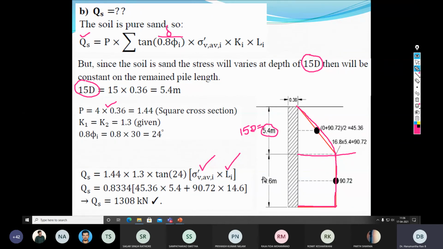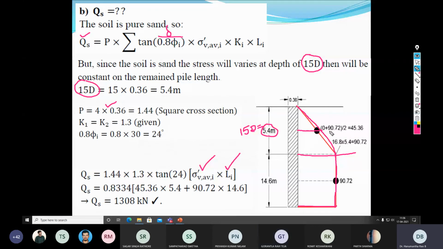Sir, I think it's correct now. Why 3 layers? Sigma v dash is average. Up to the first layer, it is 0 plus 90.72 by 2. They have given the average value of the entire layer, 90.7. Oh, sorry, yeah, correct.